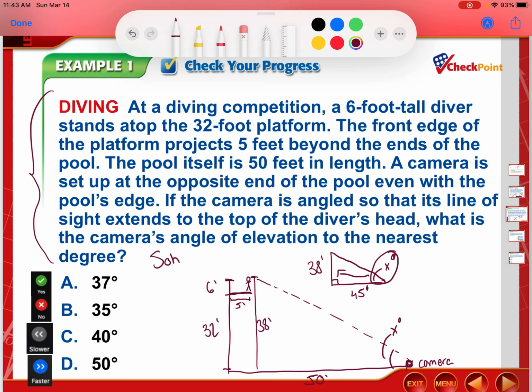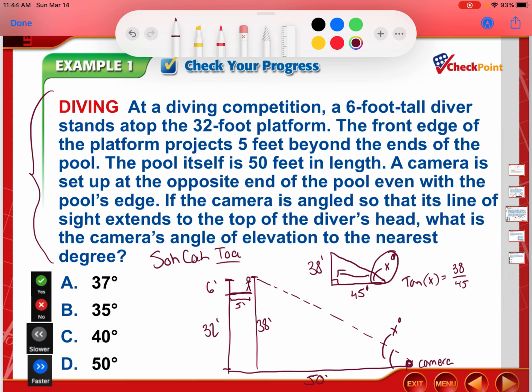Knowing I have the opposite and adjacent sides, I know I'm going to end up using tangent, because tangent is the only one that deals with opposite and adjacent sides. So tangent of the unknown is going to equal opposite, which is 38, over adjacent, which is 45.